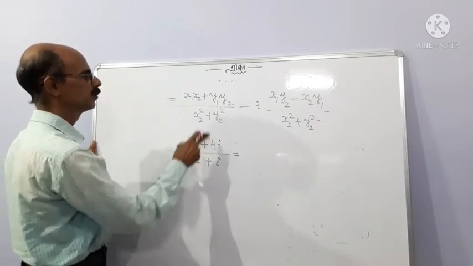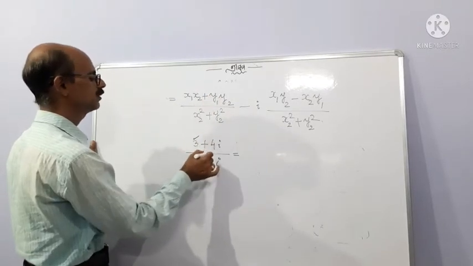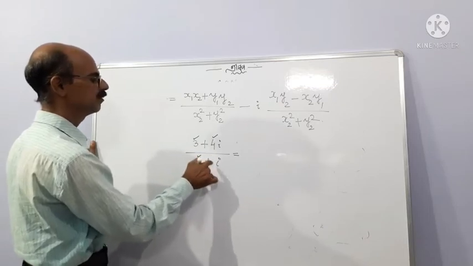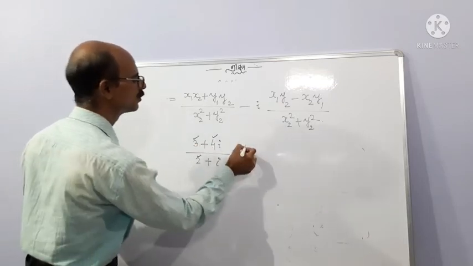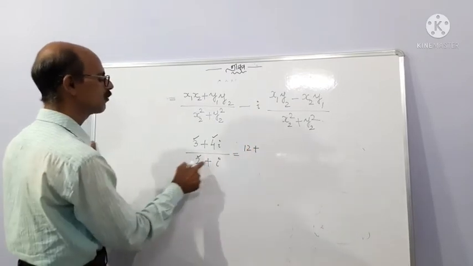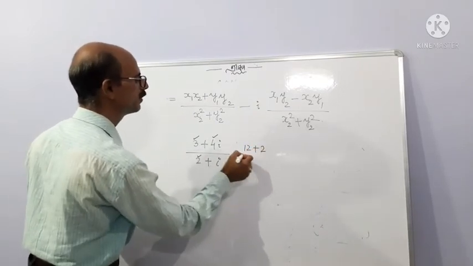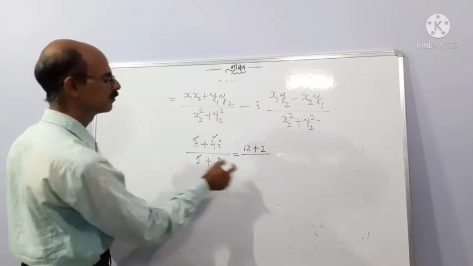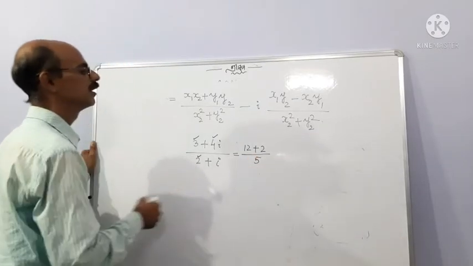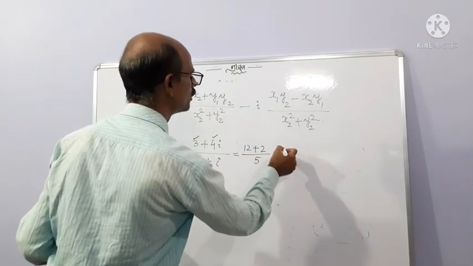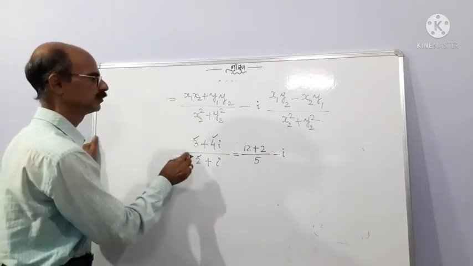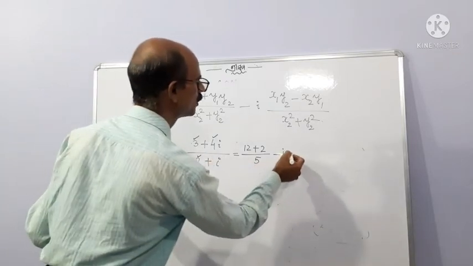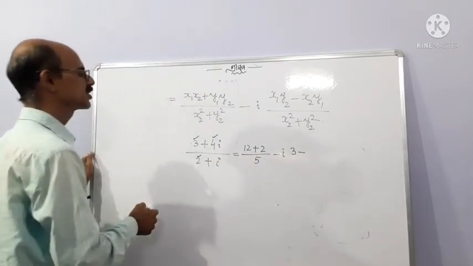Using (x1 x2 plus y1 y2), here y2 means 1, so x1 x2 is 3 into 2, plus y1 y2, divided by x2 square plus y2 square, 2 square plus 1 square, 5, minus i into (x1 y2), 3 into 1, that is 3, minus x2 y1.